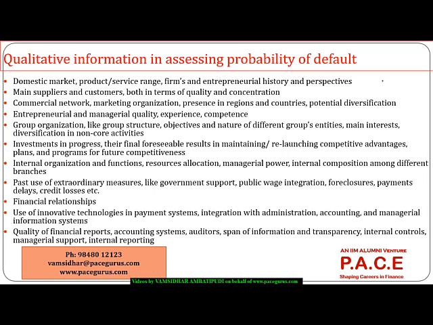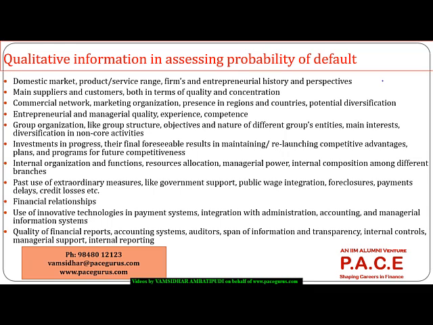And a few more factors that you can look at for assessing the probability of default: the domestic market, right, the range of products or services that the firm has offered or is offering, entrepreneurial history, suppliers, customers, the quality of the suppliers, quality of the customers, the concentration, are they more diversified or is there only one single supplier?